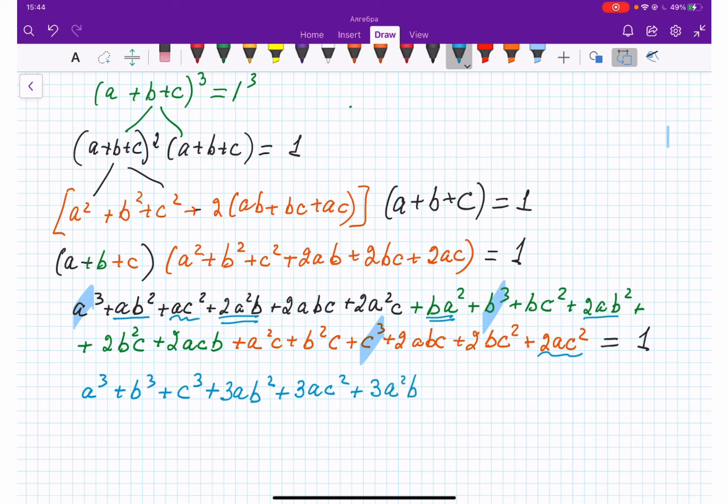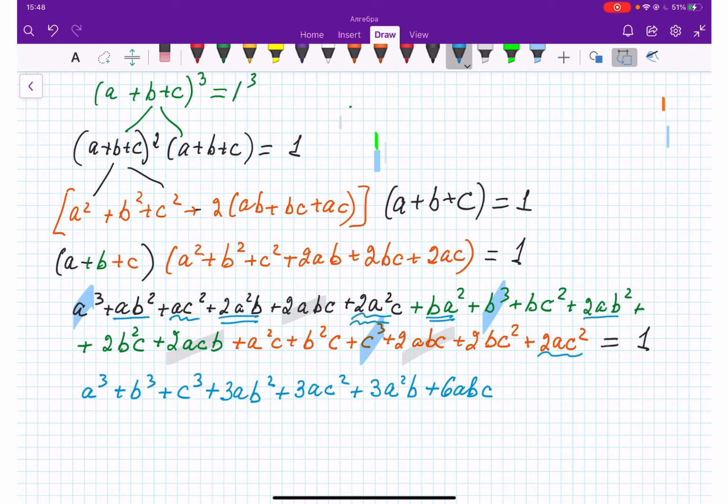And we are going to have ABC, several of them. Let's see, here is 1, here is 2, and here is 3. So we are getting plus 6ABC. Okay, let's see what we have left. We have left 2A squared C, with 2 wavy underlines.